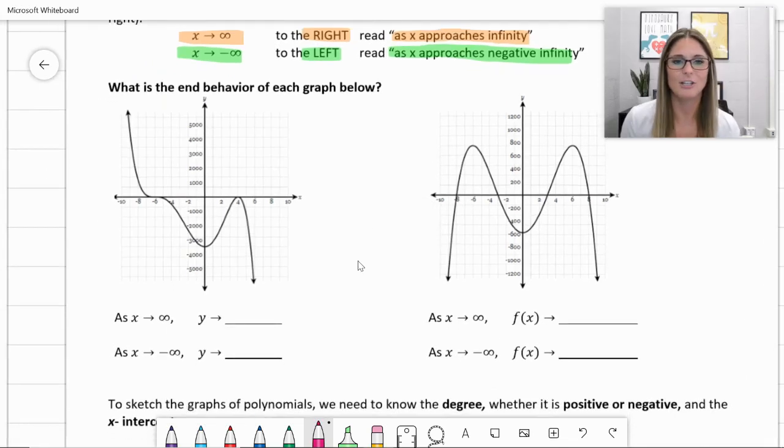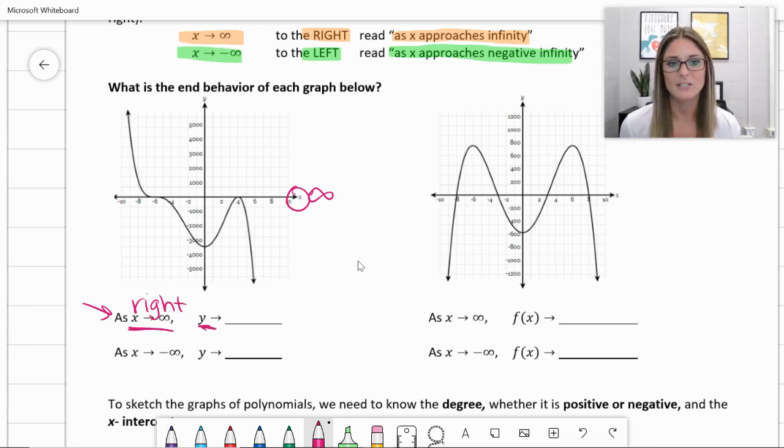What is the end behavior of each graph below? The first one on the left, you've got a lovely graph. And the first statement says, as x approaches infinity. That's on the positive side. That's a positive infinity. As it keeps going to the right. What's the y doing?